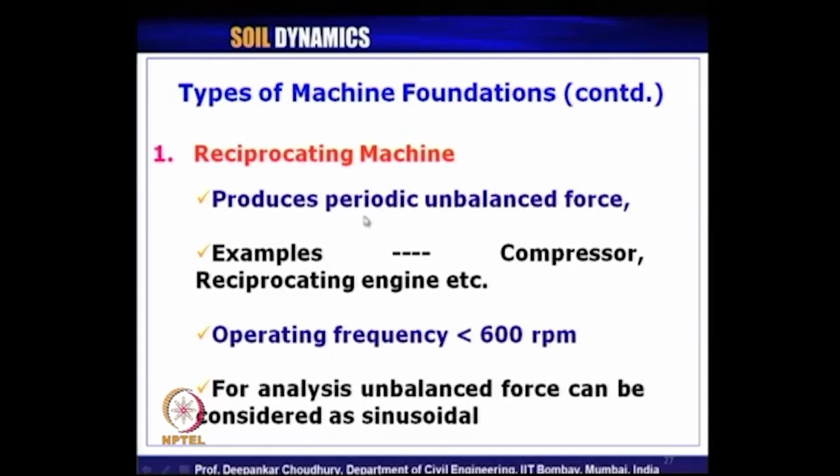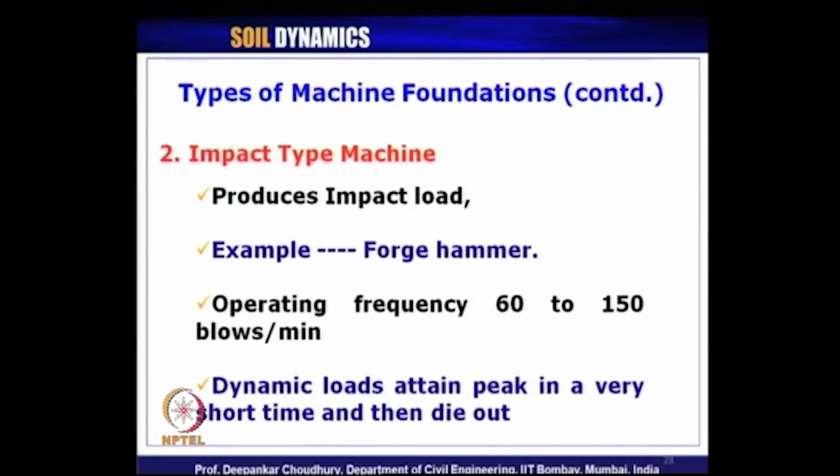So, that is why they can be approximated as sinusoidal loading acting for this kind of machine. Coming to the second category of machine, that is the impact type of machine.